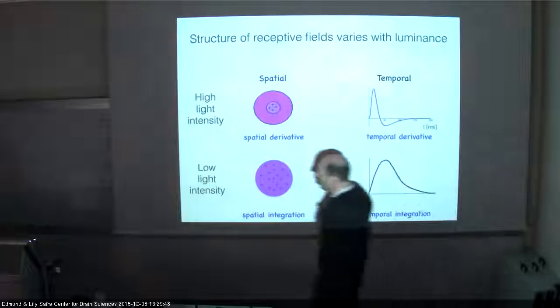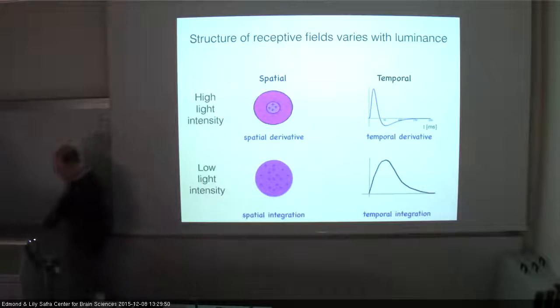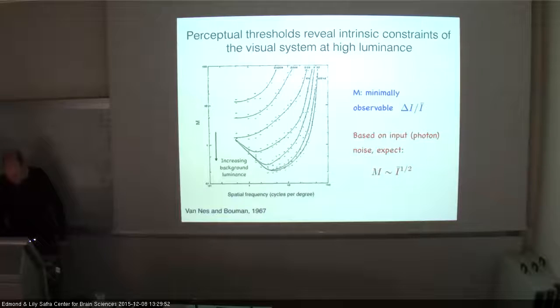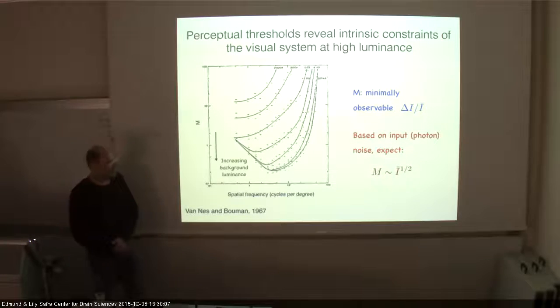So now come some very interesting experiments which were done by Dutch physicists in 1967, where they looked more carefully at the thresholds for perception in our visual system.